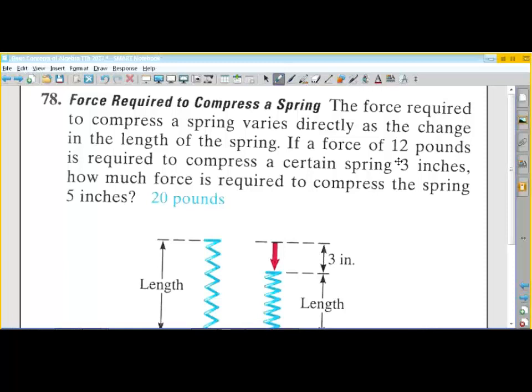Now if I take this mass and I move it from this point, which we call the point of equilibrium, and I let go, this thing's going to bounce up and down right through the equilibrium point, which is where it was when the weight of the object is the same as the spring force.